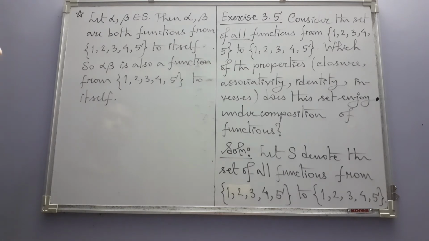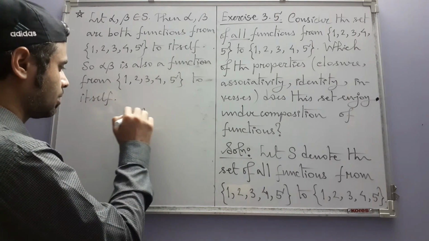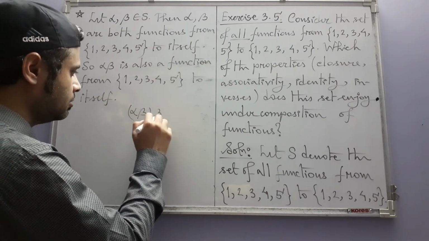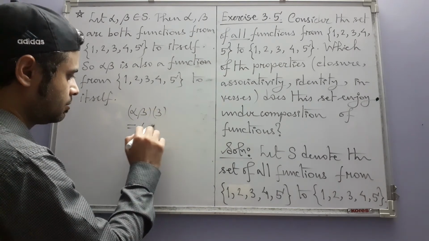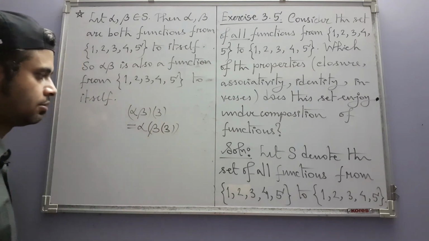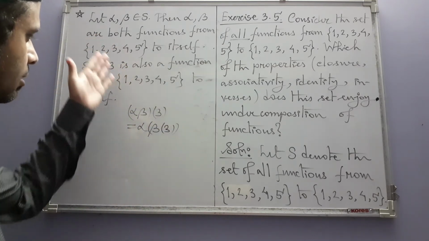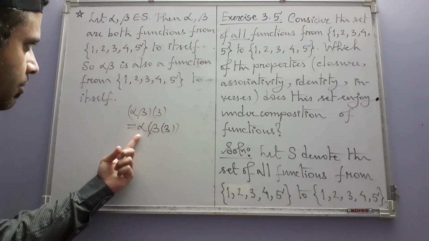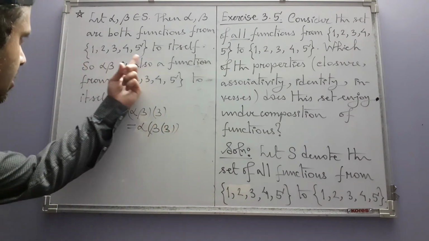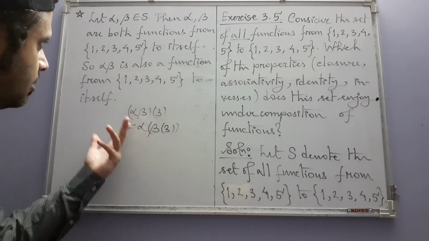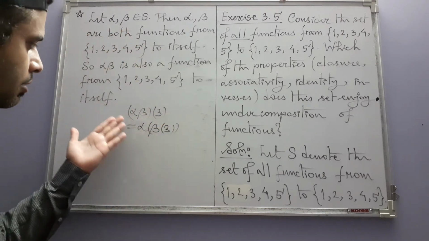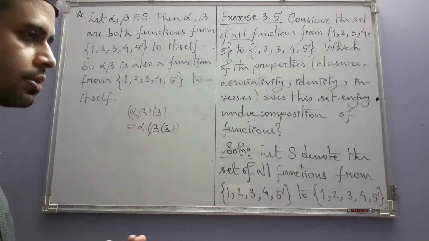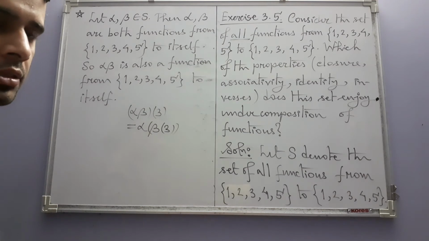That is because if you evaluate alpha beta at any input coming from here, say 3, then what is it? Alpha of beta of 3. Because beta maps this set to itself, beta of 3 is again one of these numbers. On that, if you apply alpha, you are again going to get something here itself, because alpha, just like beta, also maps this set into itself. None of these functions lets us outside the set, so their successive application will also keep us inside the set.